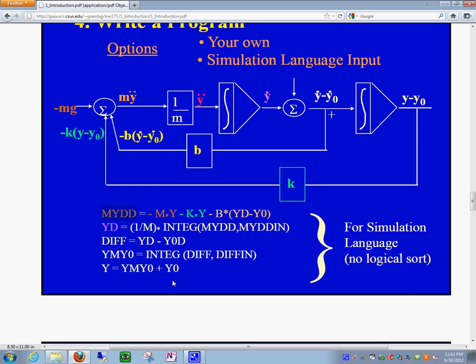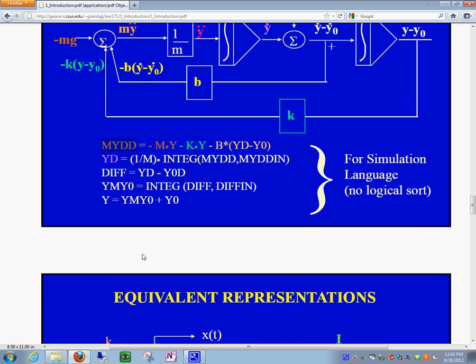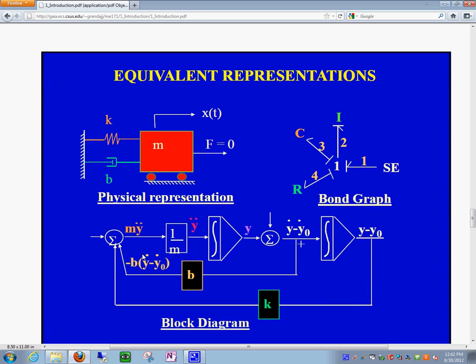And so in this particular case, we need to look at this block diagram, and either write a program or enter it in a program like Simulink. Now, what I want to show you is, right now we have equivalent representations of these systems. You have one system that has the block diagram representation, or you have this other representation called the bond graph.